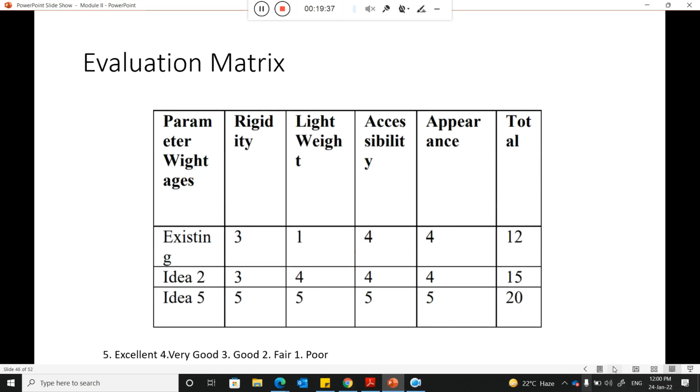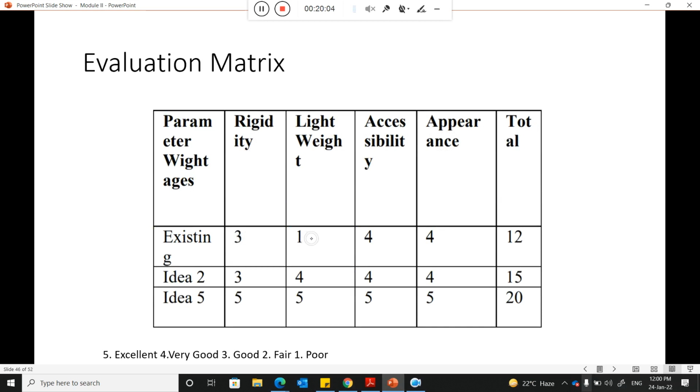Okay, so now what evaluation do you need to do? I selected two, idea number 2 and idea number 5, as the best, along with the existing idea. I need to evaluate on the basis of an evaluation matrix, which will change from organization to organization as per your requirement. So here I require rigidity, lightweight, accessibility, appearance, and the total. What does the existing one say?